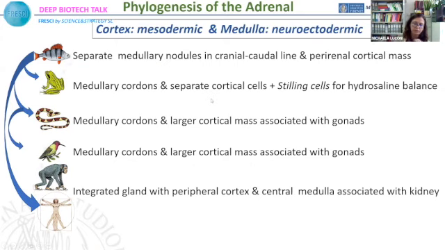In invertebrates and other types of animals, the two endocrine glands are geographically separated. So it's important to have them together.